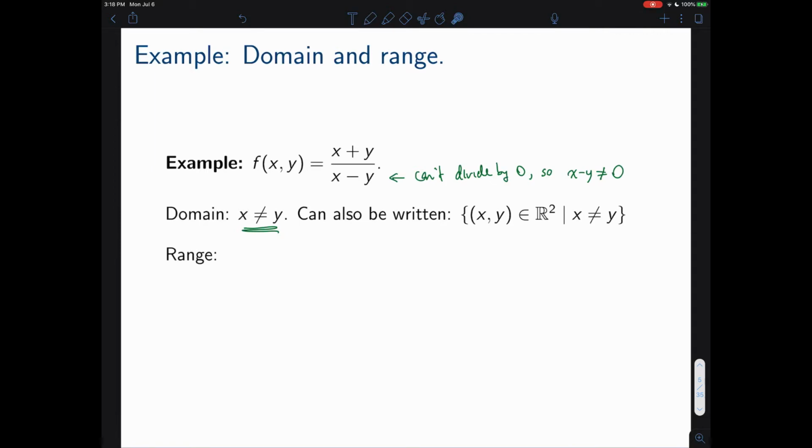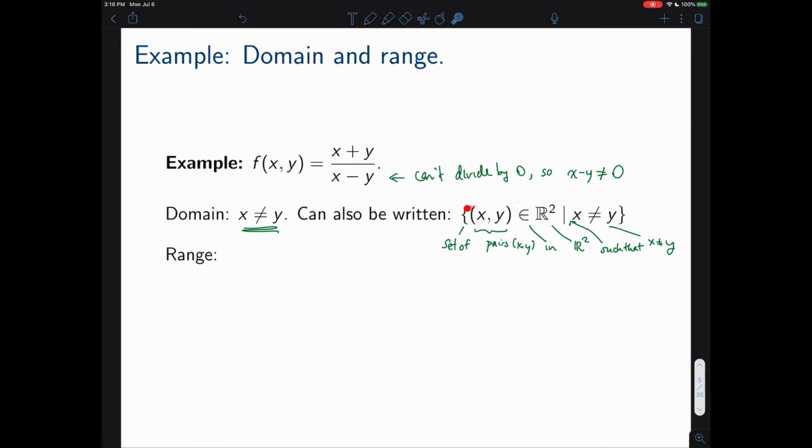Now, the official mathematical notation for this is to take the set of pairs xy in R2. This bar means such that, and then x is not equal to y. So the set of pairs xy in R2 such that x is not equal to y.